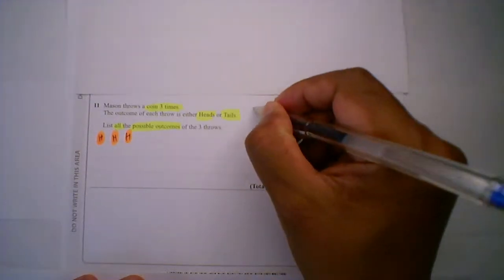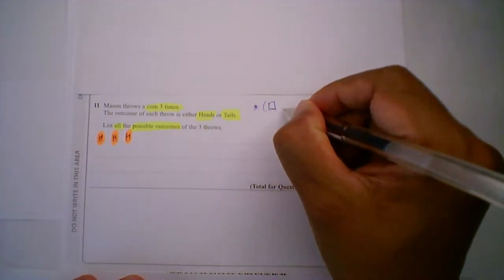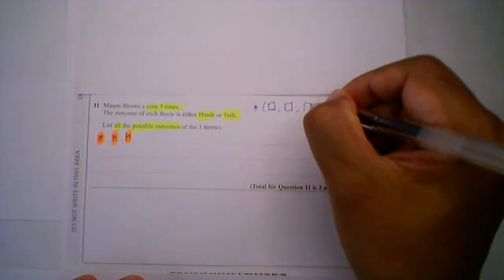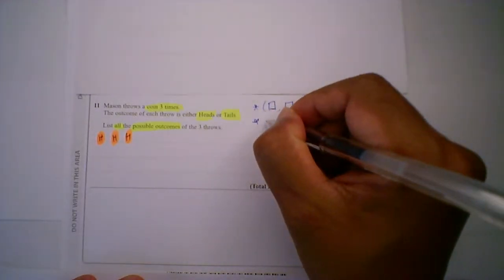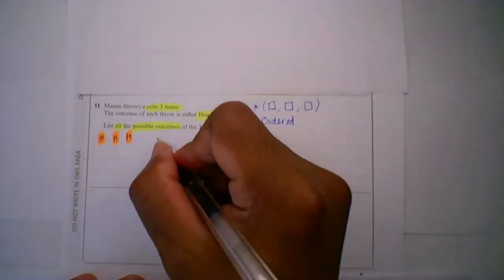Okay, so what am I doing? Before I do anything, I need to make a plan. So what's my plan? My plan is I've got first throw, second throw, and a third throw, and I need to be doing this in an ordered way, just like all the other questions. So the first one is going to be heads, heads, heads.